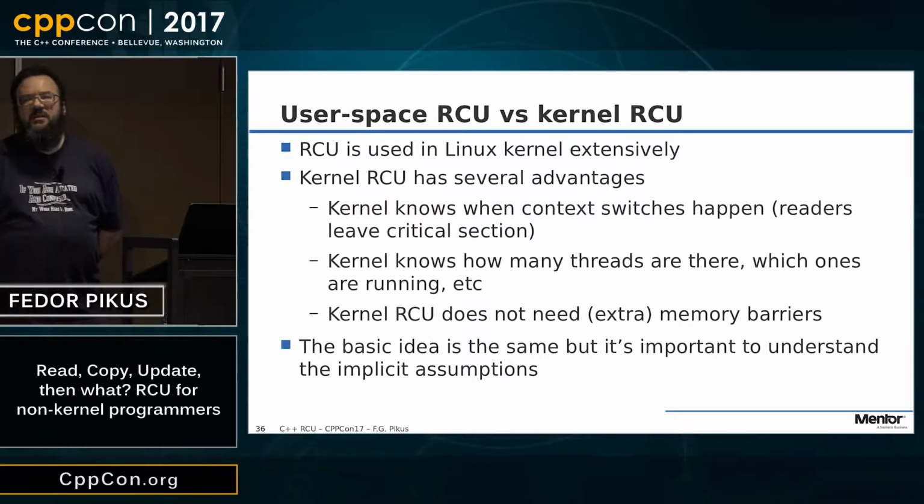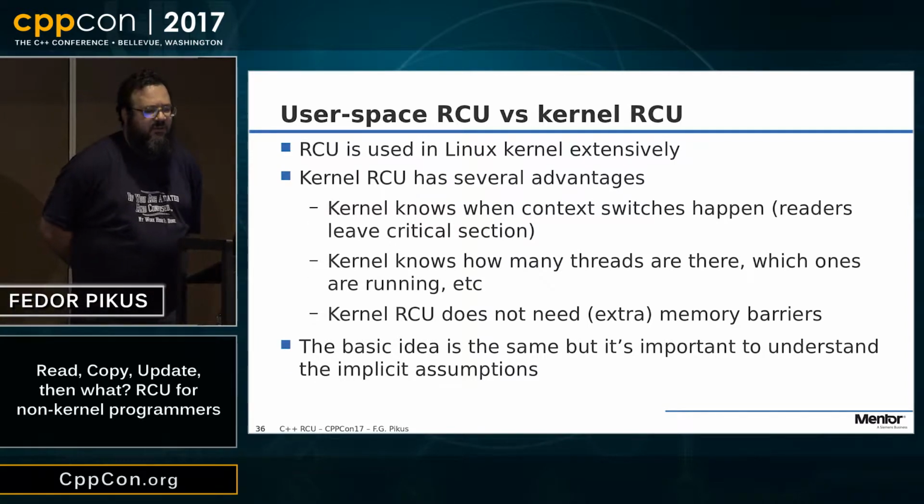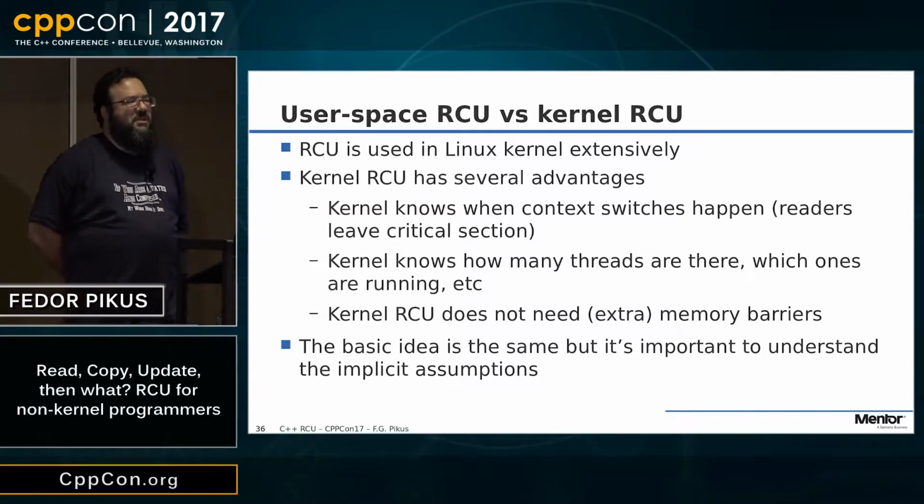RCU has been used in the Linux kernel very extensively for many years, much less extensively in user space. The kernel does have several advantages. Basically, it knows when all readers go into quiescent state, it runs the threads.